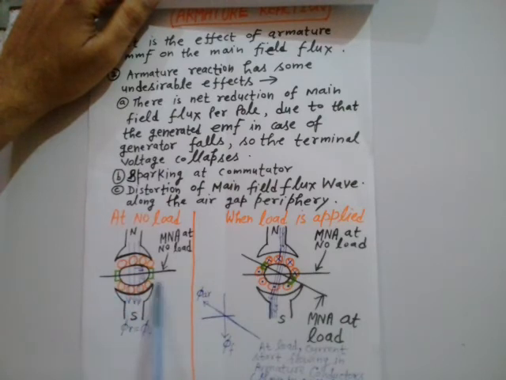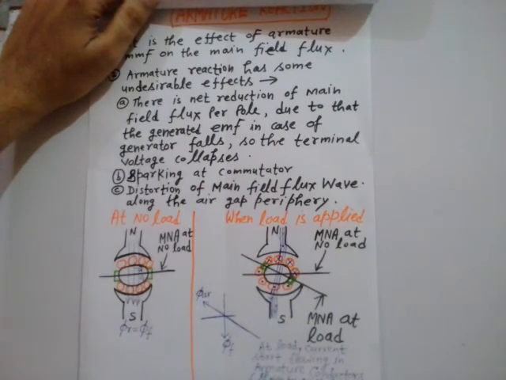So to avoid this condition, the remedy is to shift these brushes. If you shift these brushes to the new magnetically neutral axis, then definitely this sparking can be reduced, it can be minimized.